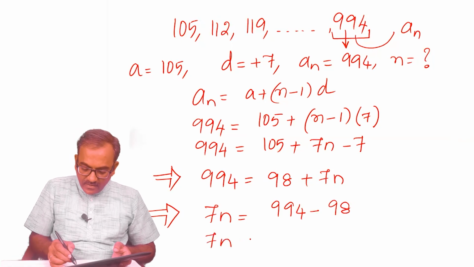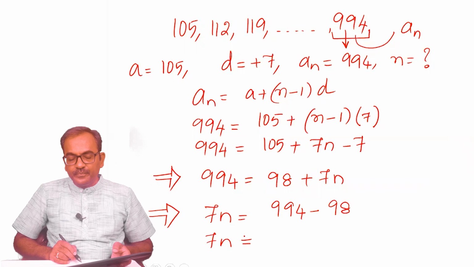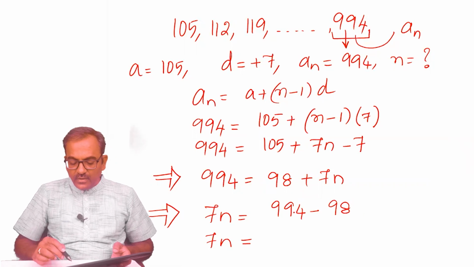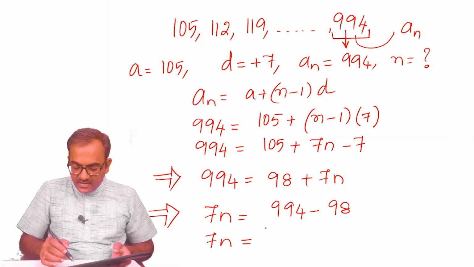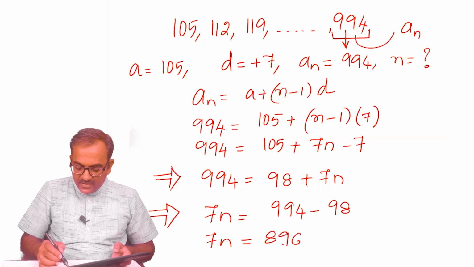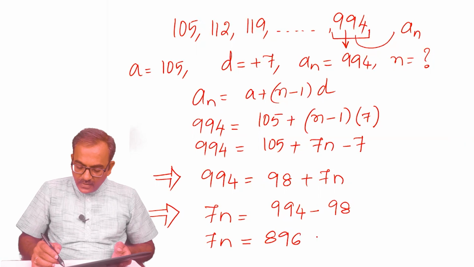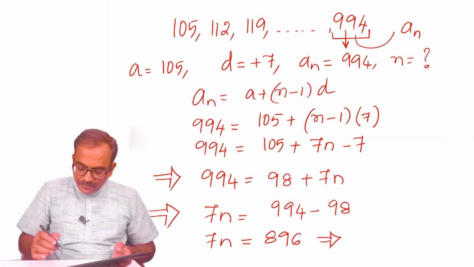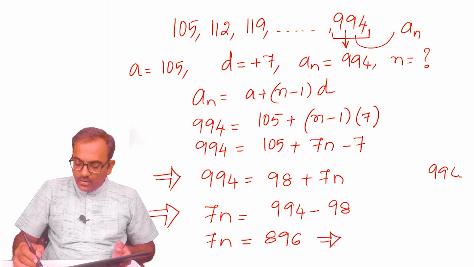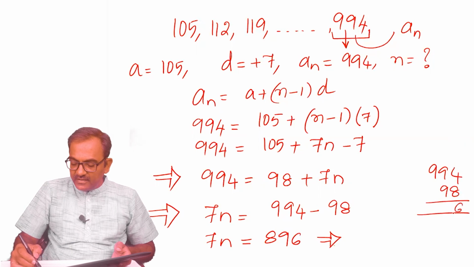So 7n would be equal to 896. This will be 896, correct? 994 minus 98, 14 minus 8 is 6, then we have 18, 18 minus 9 is 9, and this is 8.